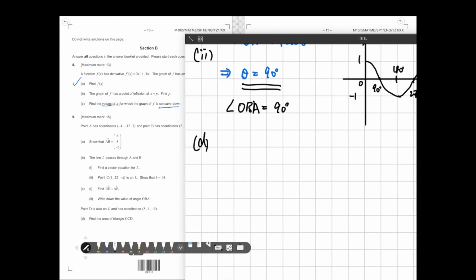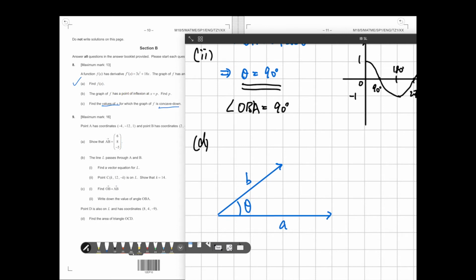So what is part D? It's asking about the area of the triangle OCD. So how to find the area of the triangle? We have to make use of the cross product this time. So we have two vectors that cross together. One is A, another one is B. They're making an angle theta.